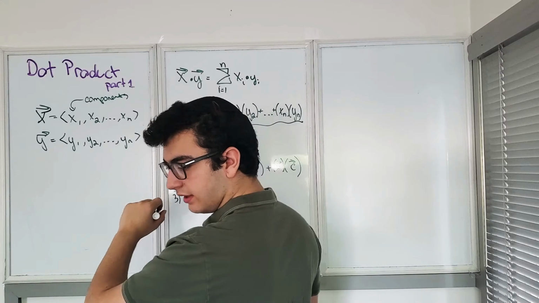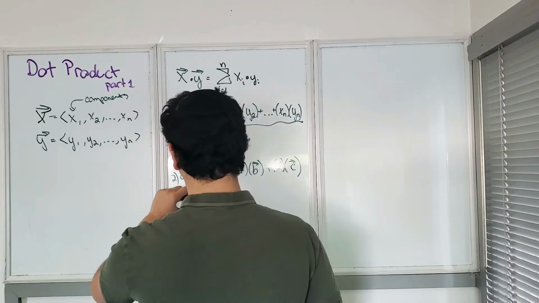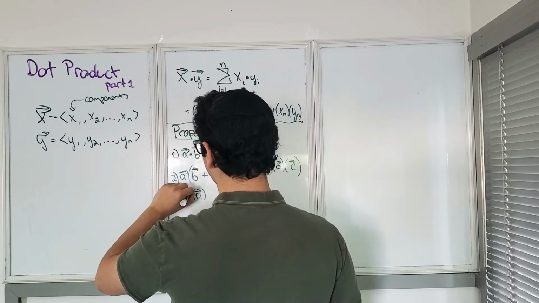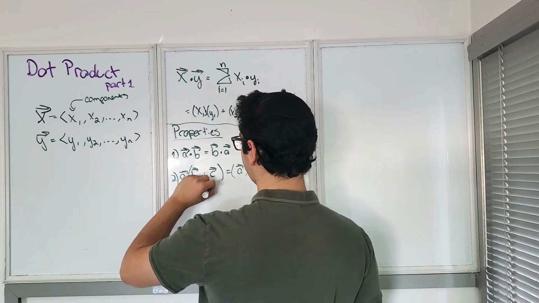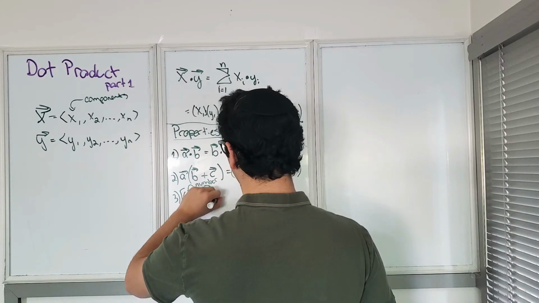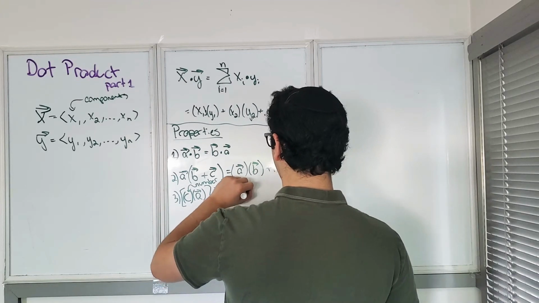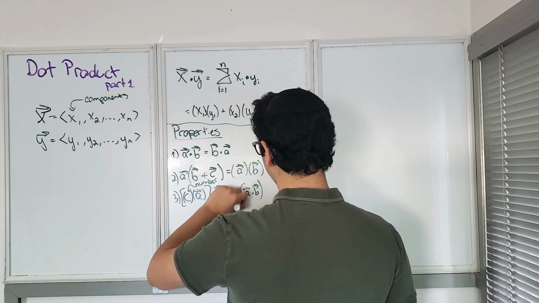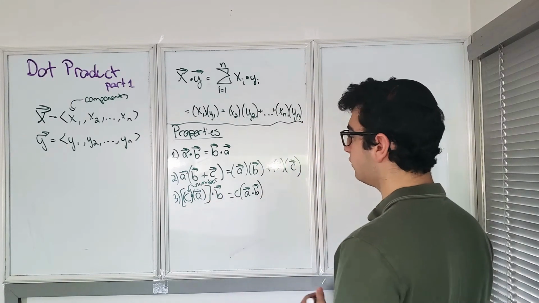If I say that I have some number C times a vector A, again, this is just a constant or a number or a scalar, and I dot that with B, that's the same thing as doing A dot B being multiplied by C. Oh, and there should be a dot over here. Sorry about that. But that doesn't really do too much.